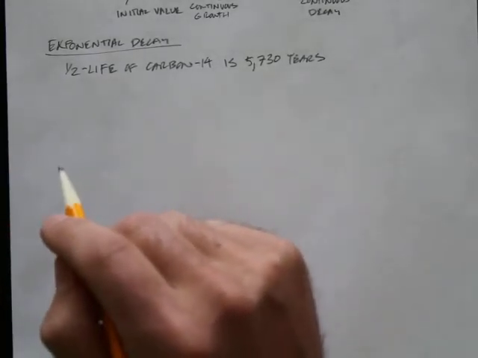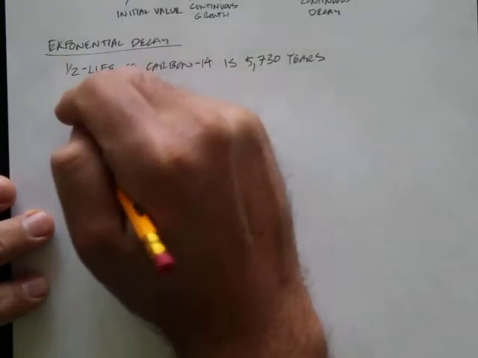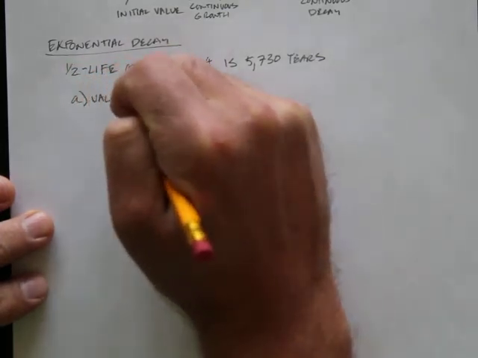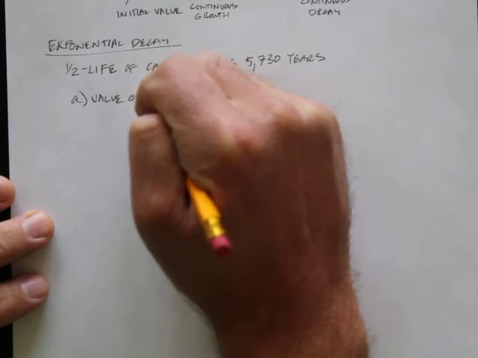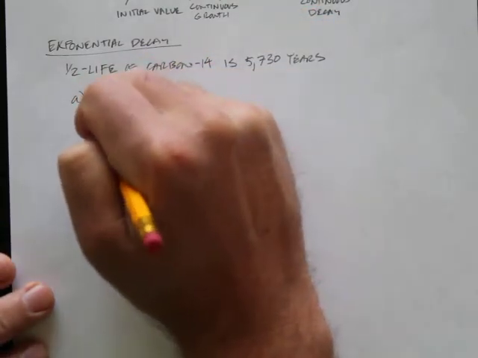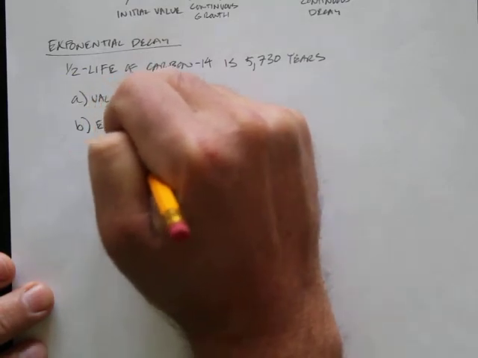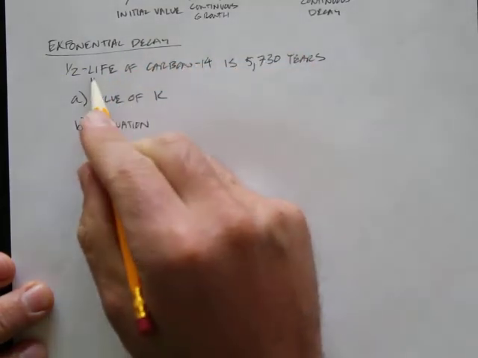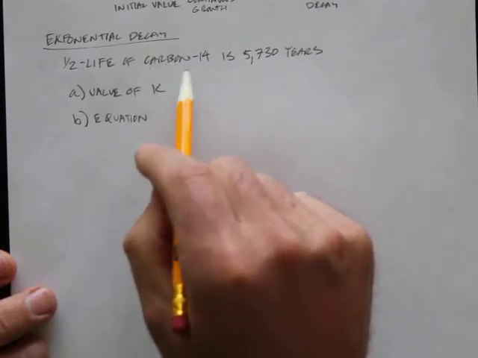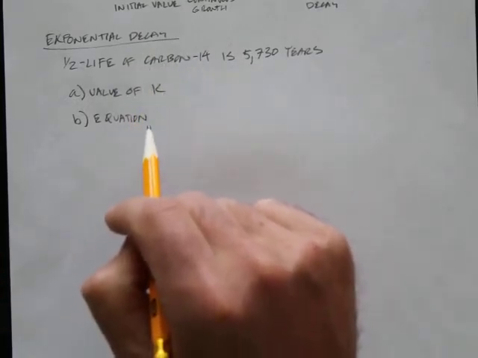So here's what we're trying to do. A, we're going to try to find the value of k, and B, we're going to write the equation for figuring out how long something has had this carbon 14 in it.